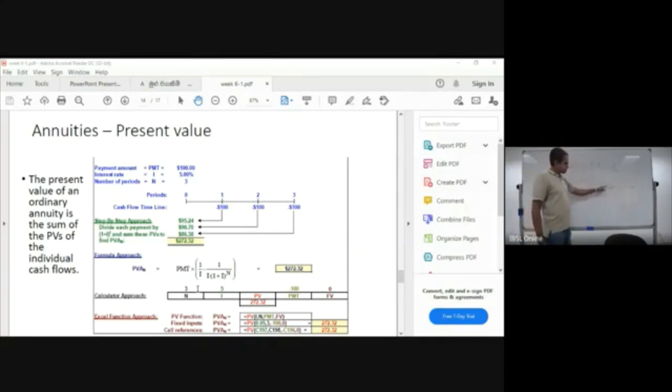When n is infinity, this entire term, 1 over I into 1 plus I to the power n, becomes infinite.